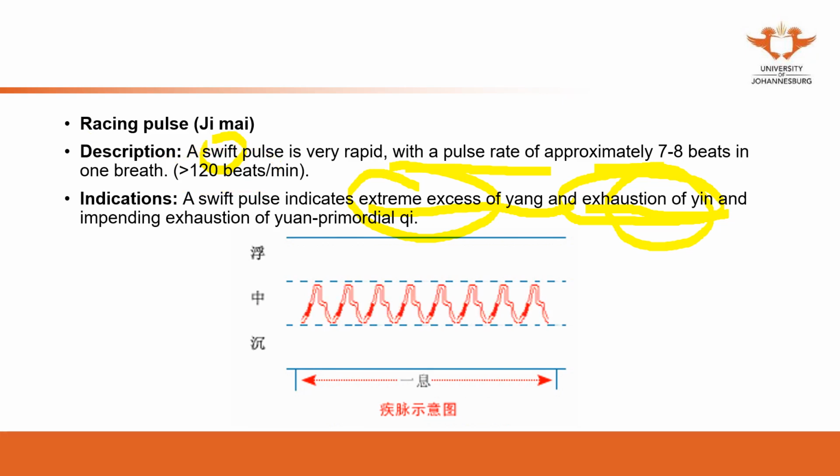So these two, the rapid pulse and the racing pulse, the indications are the same, all due to heat. It can be excessive heat. It also can be deficiency heat. The only difference between these two is the rate, and the rate can indicate how severe the heat is. So the more heat in the patient, the faster the pulse rate.